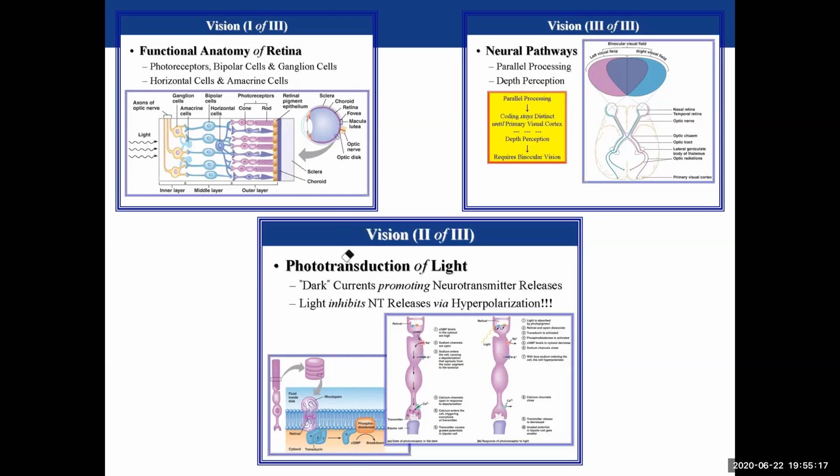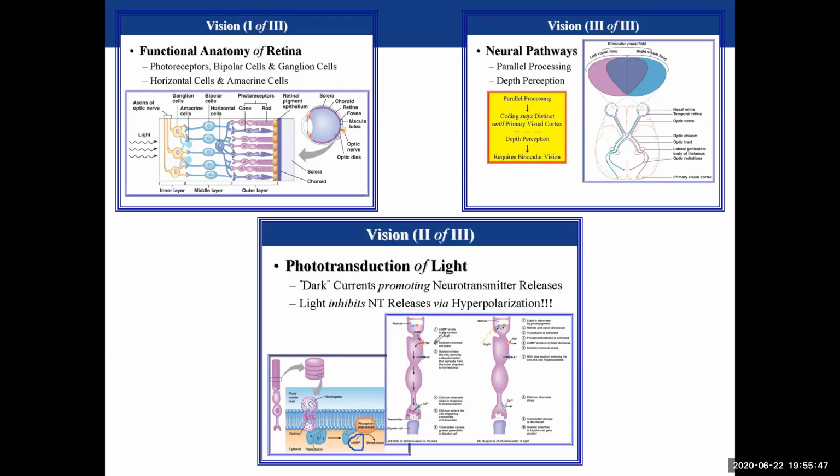Cyclic GMP is another example of a second messenger: lowercase c, uppercase G, uppercase M, uppercase P. Cyclic GMP is acting as a chemical signal, activating a sodium channel from the inside of the cell.